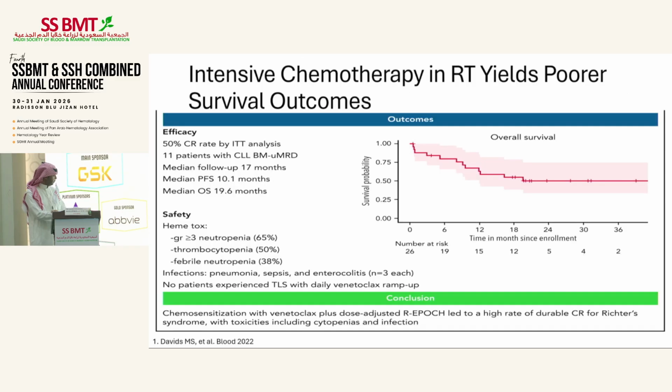You can see here in the safety profile, lots of patients had neutropenia and febrile neutropenia, including infections. But generally speaking, if this regimen is tolerated, it has achieved deeper response measured by undetectable MRD. And with the addition of maintenance, maybe you can actually sustain that response, especially in the ones who cannot go for allotransplantation.